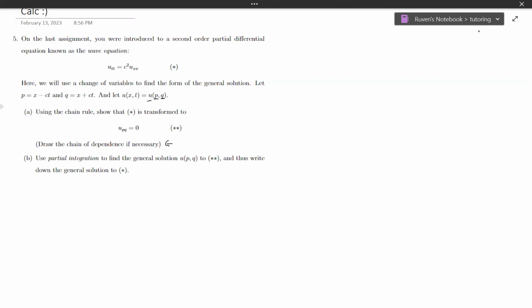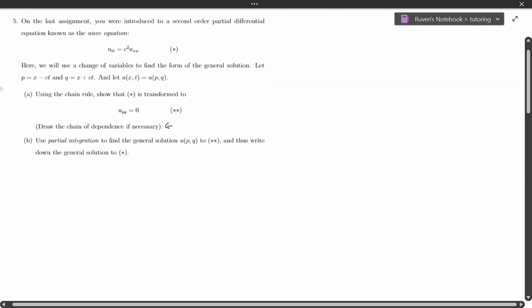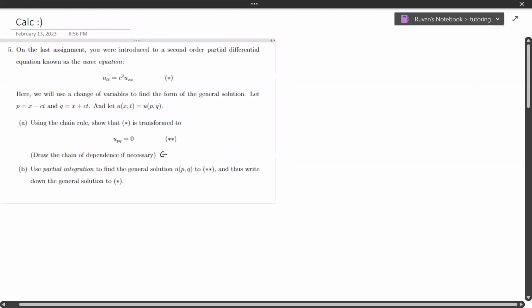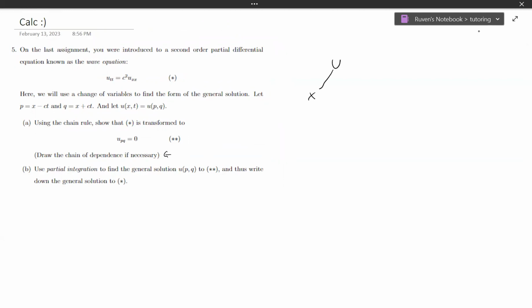And then we can see that both p and q can branch out into x and t. So our dependence will look something like this. u can be a function of x and t, and then x and t can be a function of p and q.